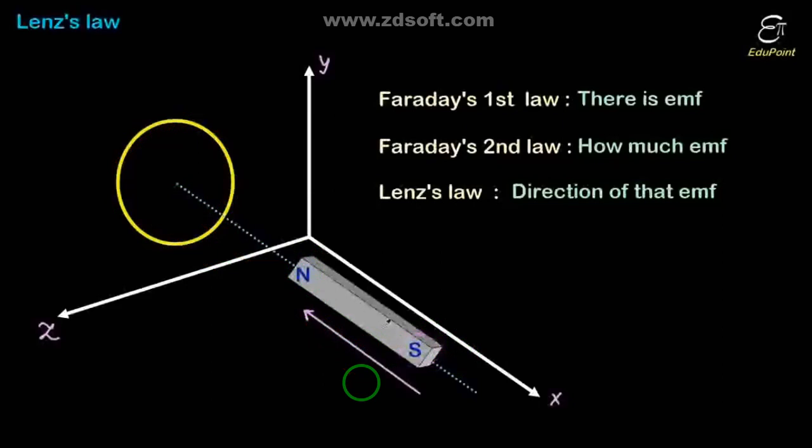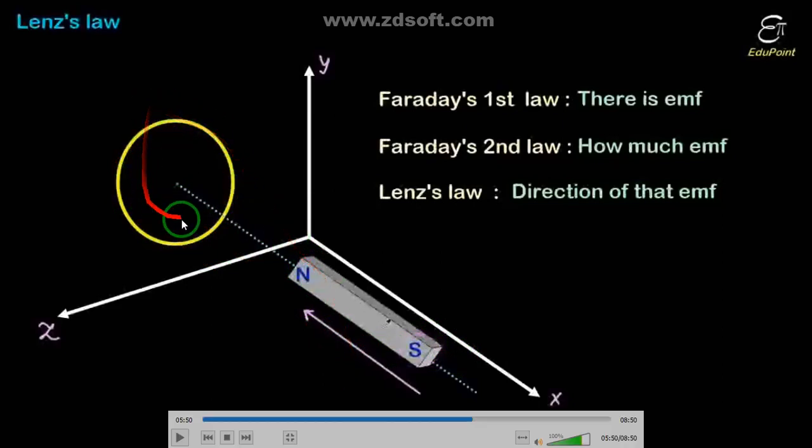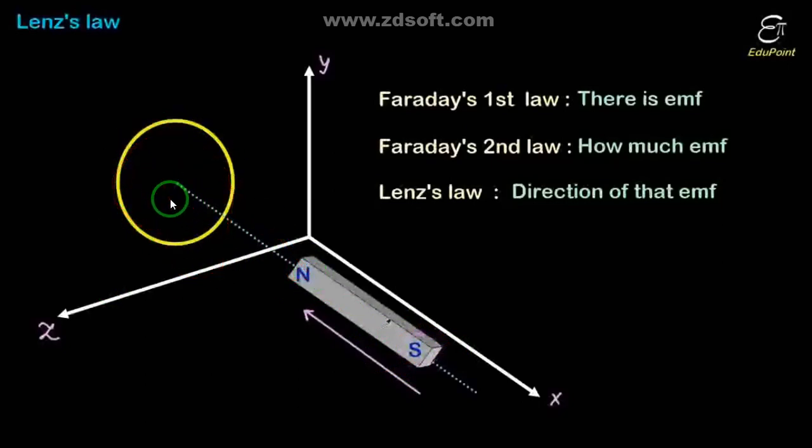So the magnetic field produced by the coil is due to this north pole, and for that reason this coil will produce a north pole. If the magnetic field is produced by the south pole, then the coil will produce a south pole. Here the coil is nearer to the north pole, so in this coil it will produce a north pole.